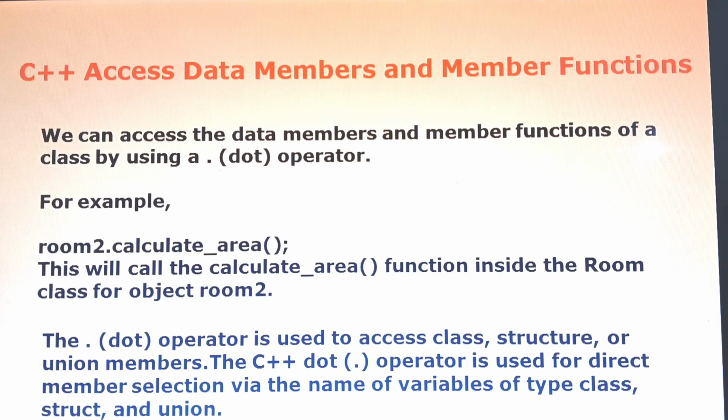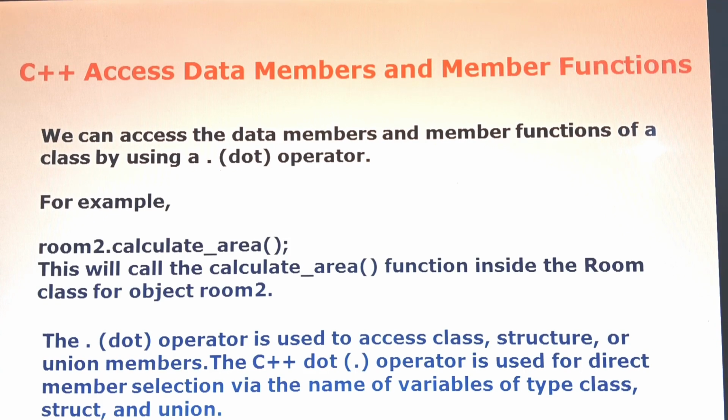The dot operator is used for direct member selection via the name of variables of type class, structure and union. If you want to access any members of a class or structure or union, we need the dot operator to access the variables and functions. Is it clear? Now, how to access the data members and member functions?